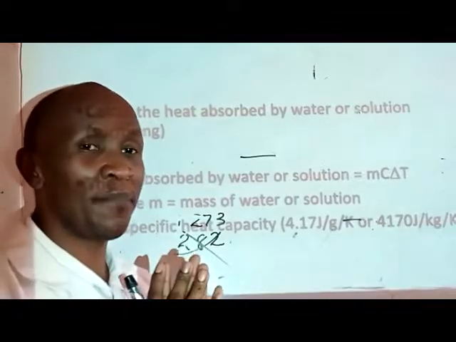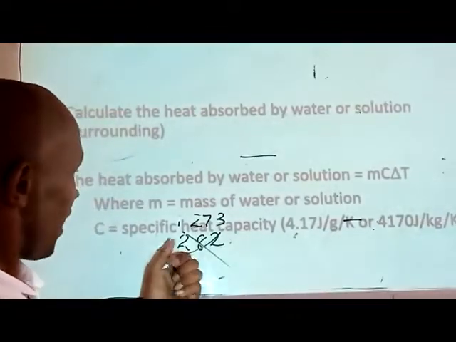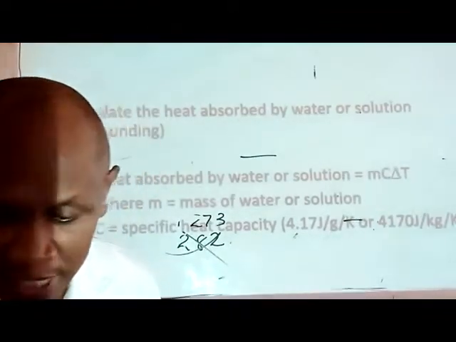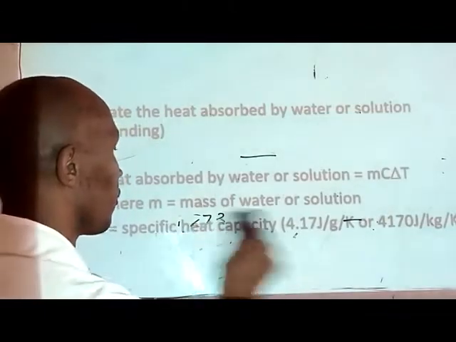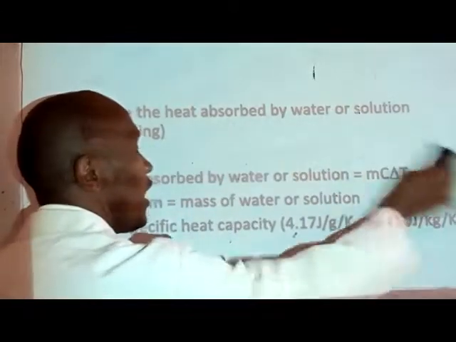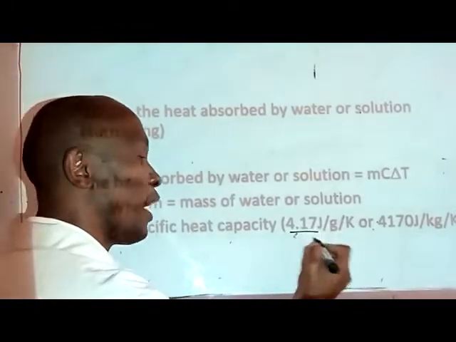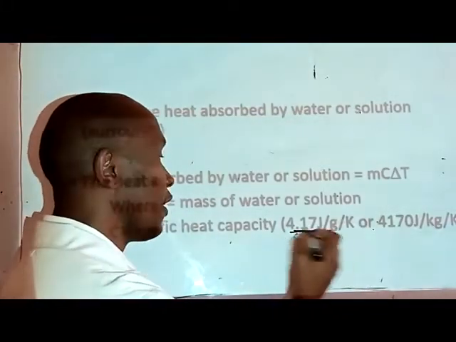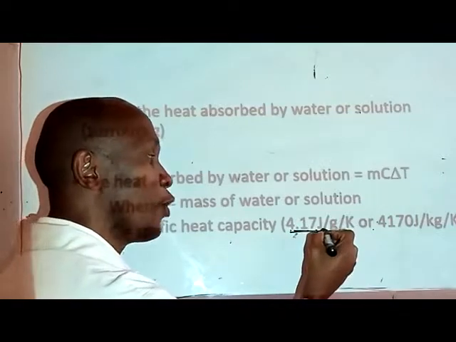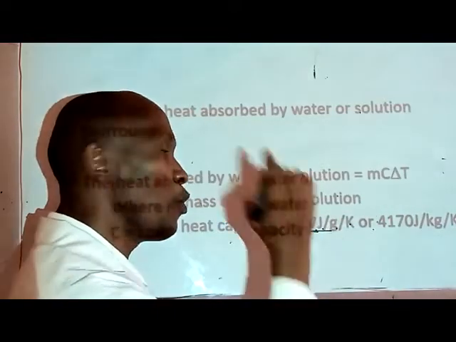How do you calculate the amount of heat? Now there is something called the specific heat capacity. What is it? This value will be given. When I say 4.17 joules per gram per Kelvin, what do I mean?